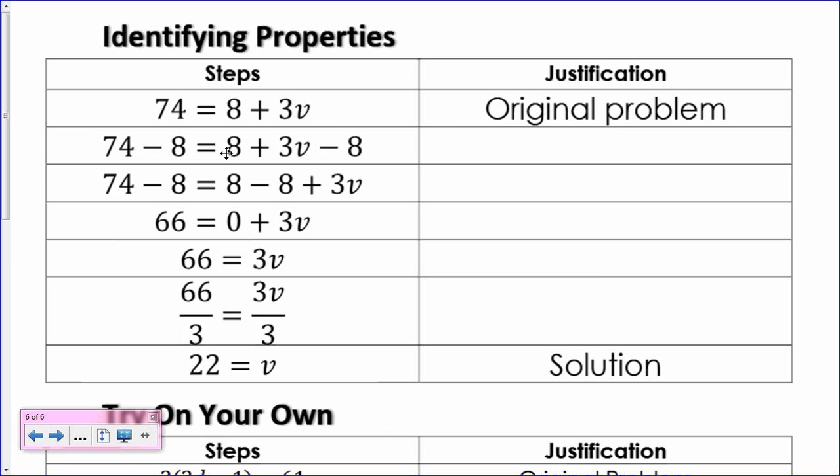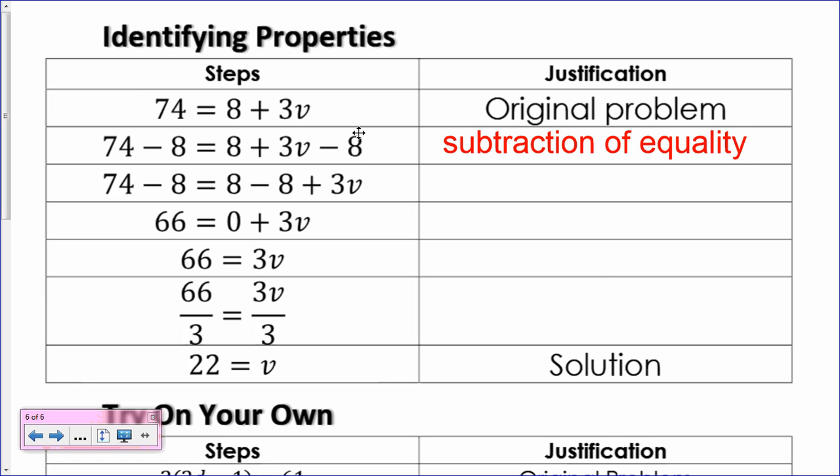And then we get to the second line, now it says 74 minus 8 equals 8 plus 3v minus 8. So the only thing that happened was now I have a minus 8 on both sides. What property did we talk about today that says we can have a minus 8 on both sides? It was the subtraction property of equality. It says if you subtract something from one side, you have to do the exact same thing to the other side.